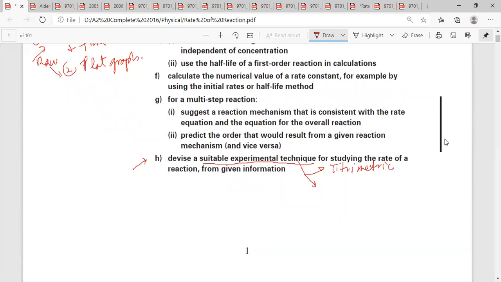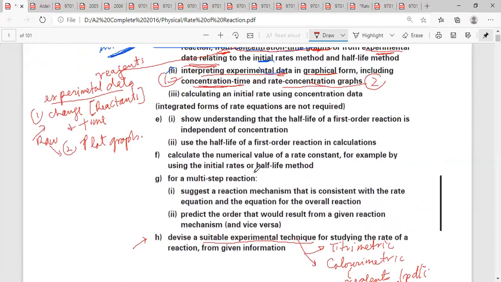Normally, in this case, it's your iodine. Second one is colorimetric. That means you have to use a colorimeter, and one of the reagents or products is colored. I've done it with you already.